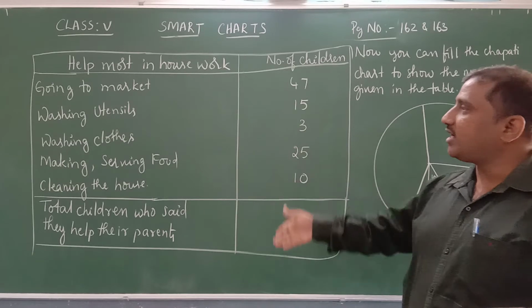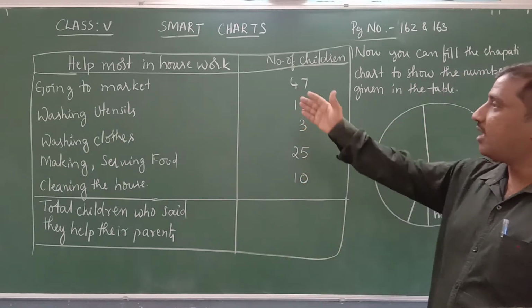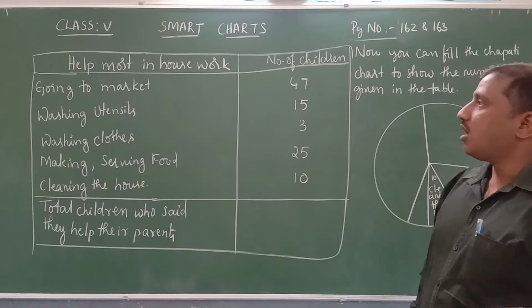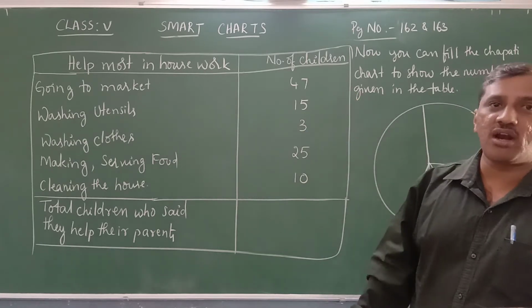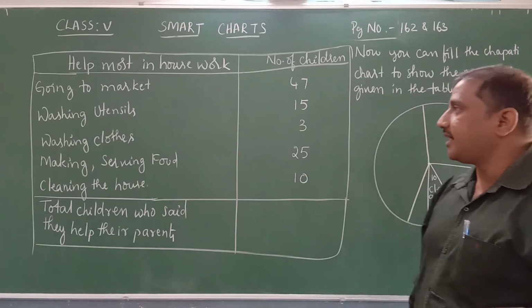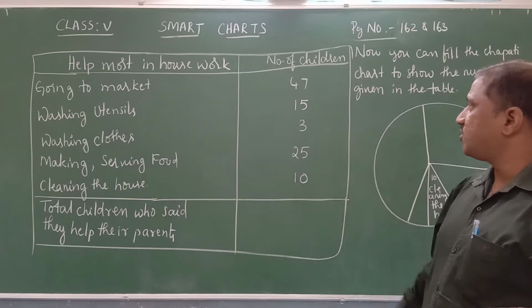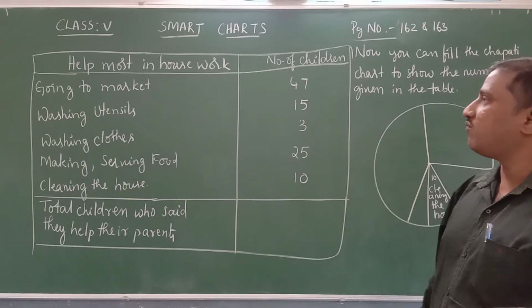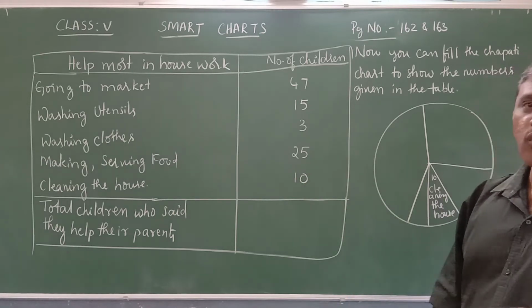So these are the 5 types of works in which most children help their parents. Going to market, 47 children are helping their parents. Similarly, washing utensils, 15 children. Washing clothes, only 3 children.